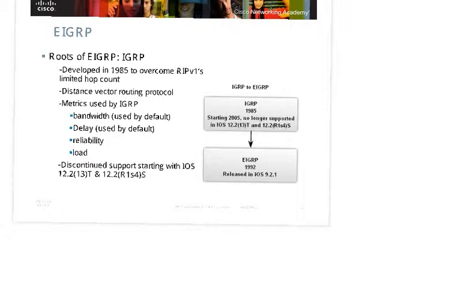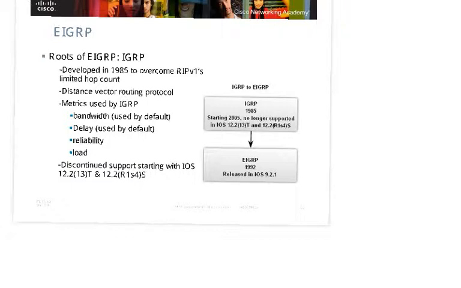So IGRP and, as a result, EIGRP use a combination of 4 different parameters as metrics: the bandwidth and delay, and these are offline parameters.